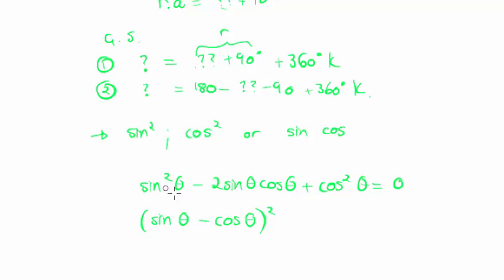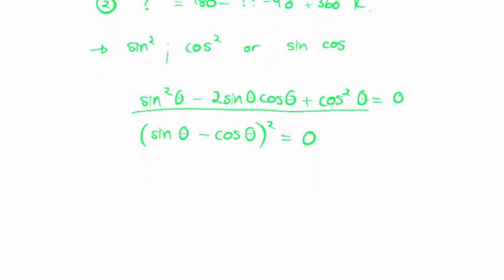If I multiply this out, I get that expression is equal to 0. And so this is almost like doing a quadratic equation where I've got now two brackets. Okay? In this case, the two brackets are the same. So I'll have sine theta minus cos theta.